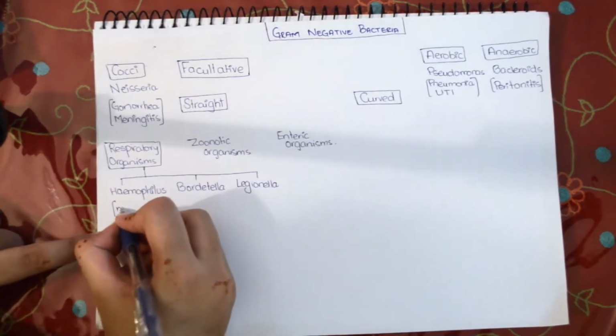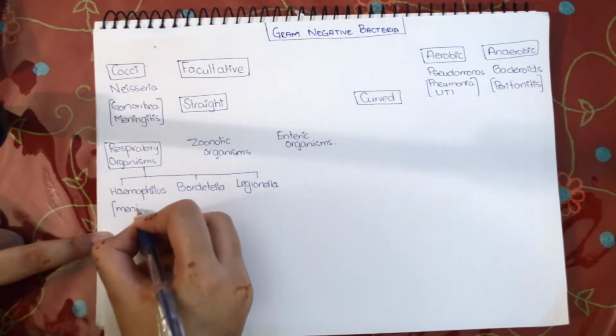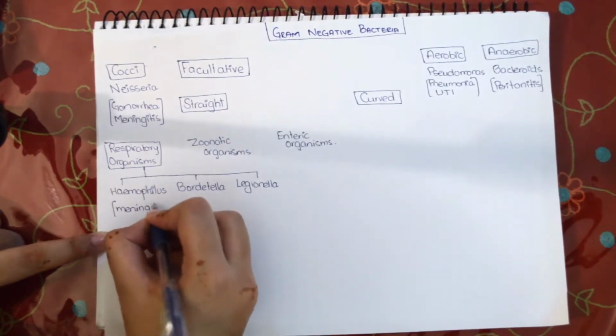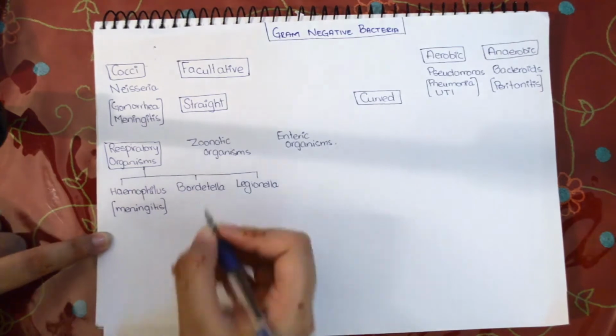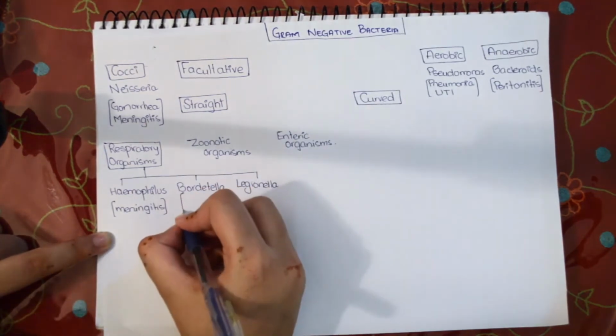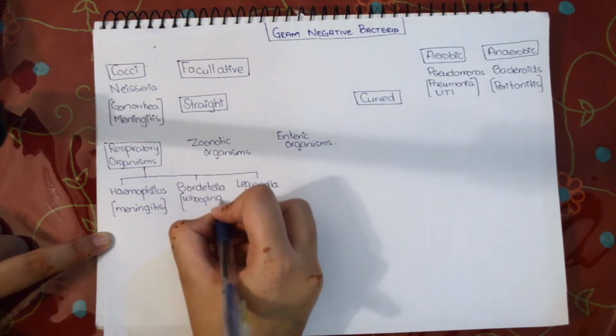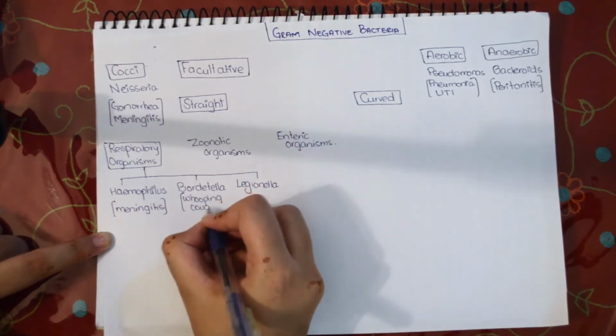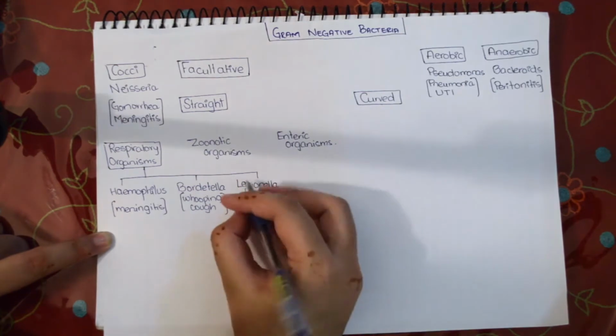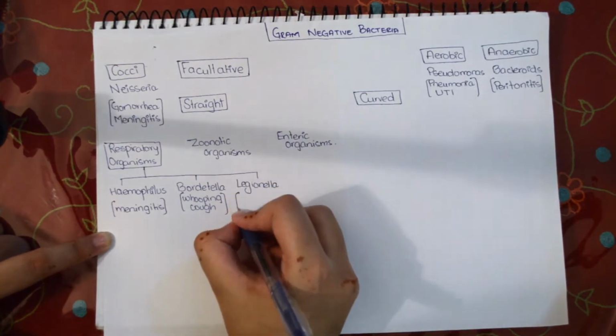Haemophilus causes meningitis. Bordetella causes whooping cough. And Legionella causes pneumonia.